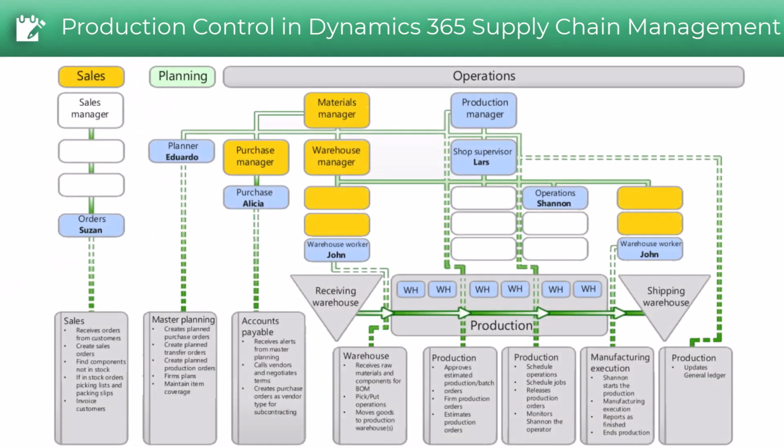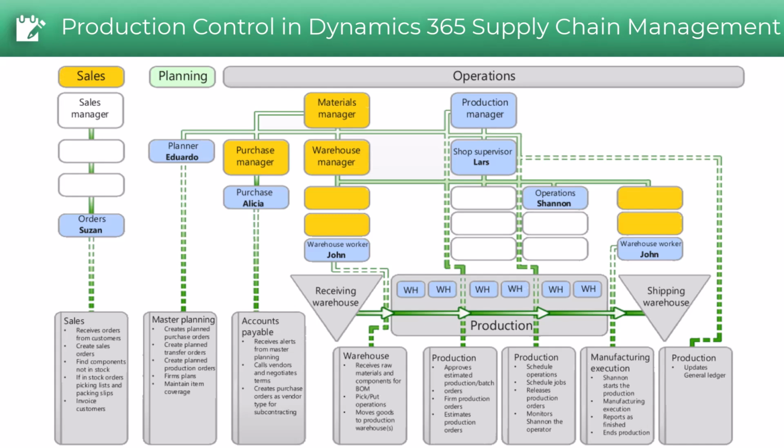It shows how different roles in the company, sales, planning, purchasing, warehouse and production, work together to produce the finished goods. On the left side of the diagram, you can see sales and sales manager. So everything starts with sales.